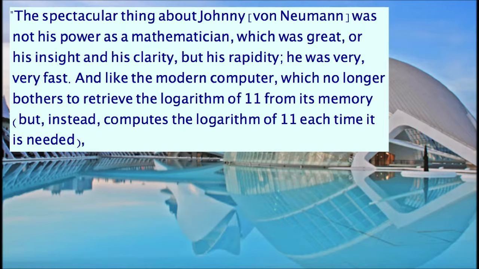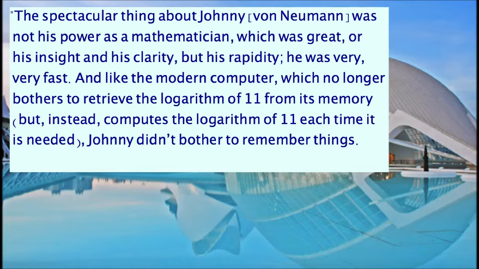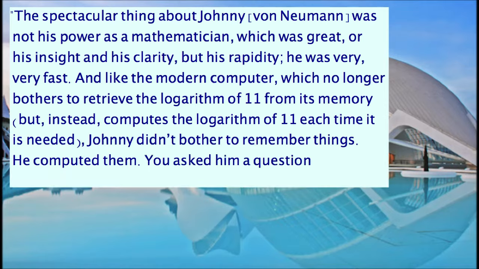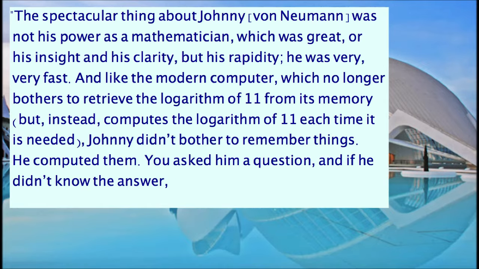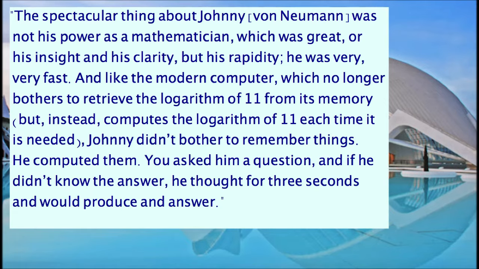And like the modern computer, which no longer bothers to retrieve the logarithm of 11 from its memory, but instead computes the logarithm of 11 each time it is needed, Johnny didn't bother to remember things. He computed them. You asked him a question, and if he didn't know the answer, he thought for 3 seconds and would produce an answer. Paul R. Halmos.